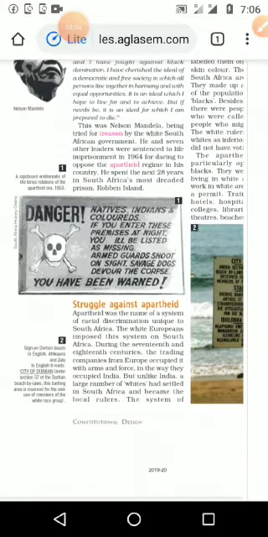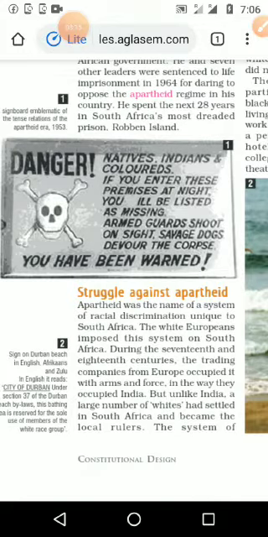Here we can see a poster they made: danger, never Indians and coloreds. If you enter these premises at night, you will be listed as missing. Armed guards shoot on sight, and savage dogs devour the corpse. You have been warned. So they are giving a warning.